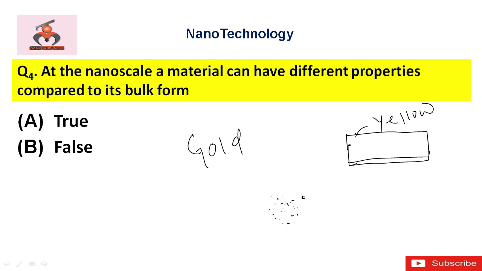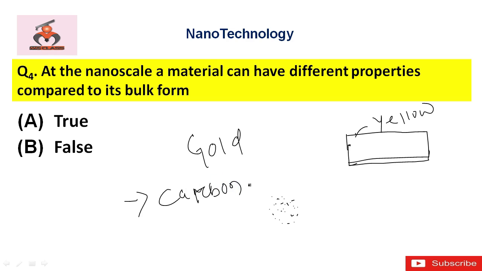If you take gold as nanoparticles, it will possess different colors according to the nanoparticle dimension. According to the diameter of the nanoparticles, the color of the gold particles will vary. That's why nanoscale material possesses different properties to those of the bulk form. Take another example. Another example is carbon.